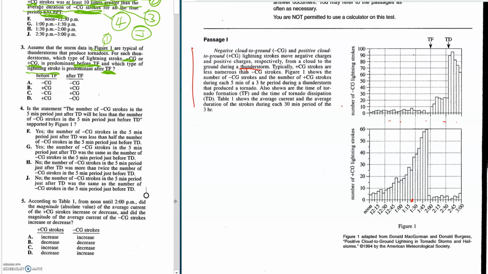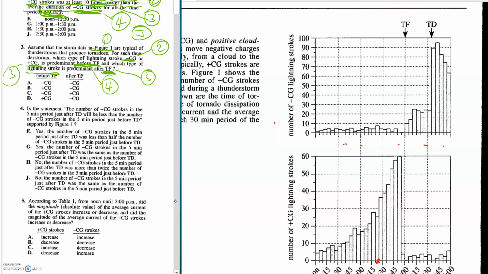Well, let's see if I can do that without even knowing what TF is. So step number 1, I need to find negative CG, this is 2, or plus CG, 3, and it's going to be 4 is before TF, and 5 will be after TF. So come over here, and we see TF is here.